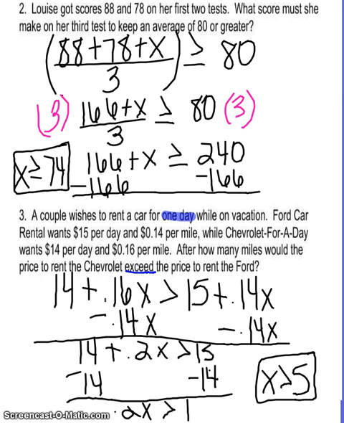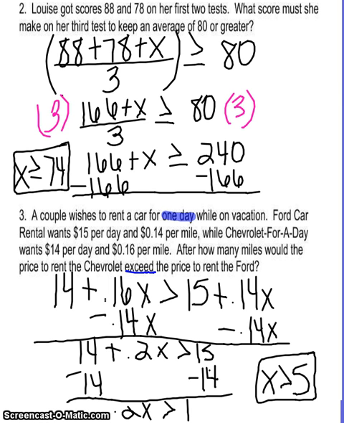And what's my last step in solving an equation? I need to divide both sides by 0.2. So once I do that, I should have that x is greater than 5. So to answer the question, after how many miles would the price to rent the Chevrolet exceed the price to rent the Ford? It's after 5 miles.